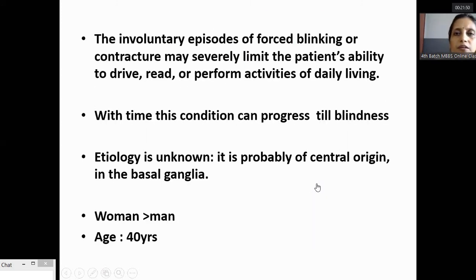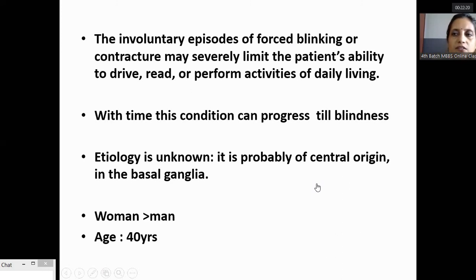The involuntary episodes of forced blinking or contraction may severely limit the patient's ability to drive, read, or perform activities of daily living. Though the visual acuity can be normal, gradually due to the blinking the patient will be unable to drive, then read, then other activities also. With time, this condition progresses and leads to blindness.